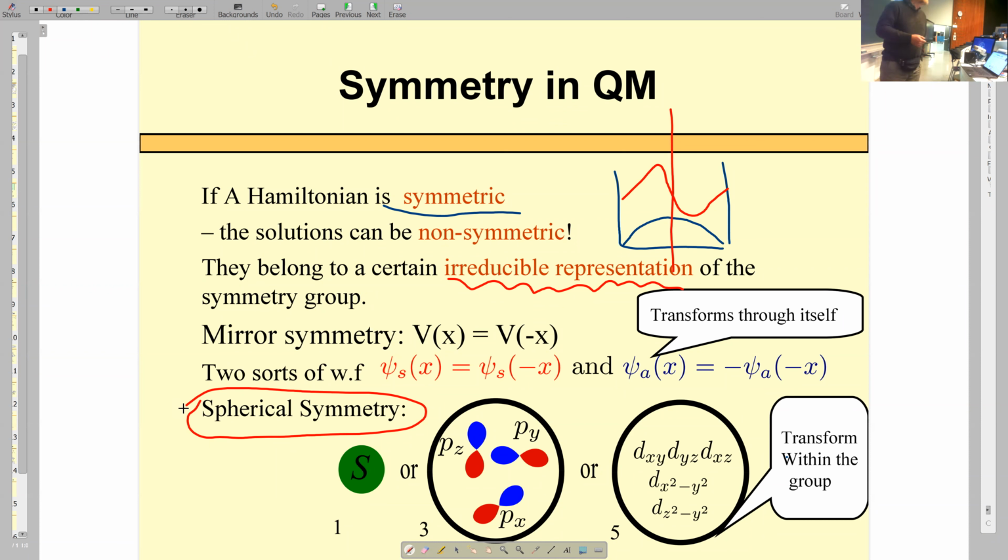Fine. I bet you remember what we have. Each state in this spherically symmetric potential has a label, which is usually called, tell me. Orbital is a good word. What is the quantity associated with the orbital? Angular momentum, precisely. Usually you learn about the quantization of angular momentum in the spherically symmetric case.